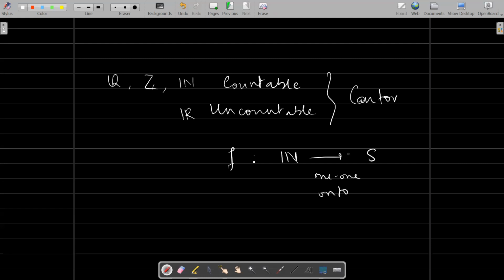If I can give such a map, that is countable. If I can't give such a map, then that is uncountable. Right now we won't go into that function theory. It will be too much at this level, but maybe someday we'll be learning functions. I'll talk more about this later.